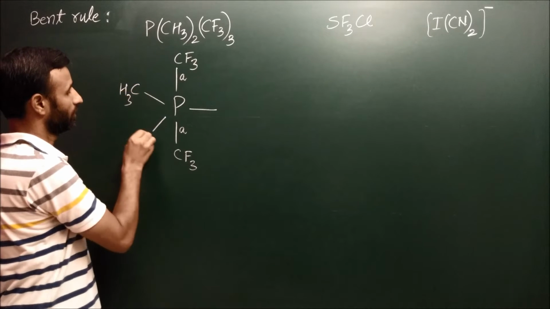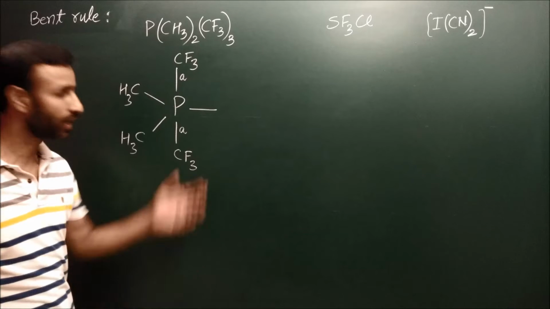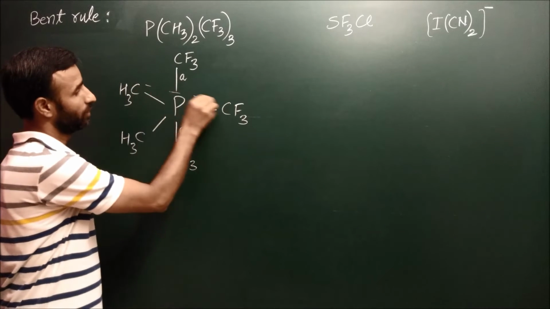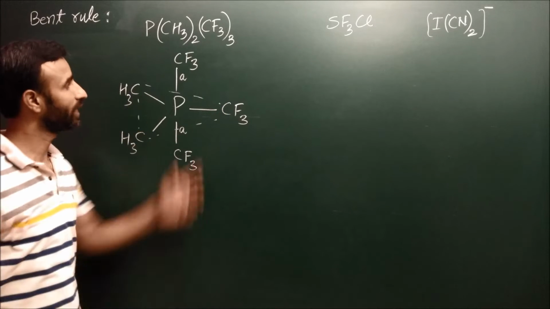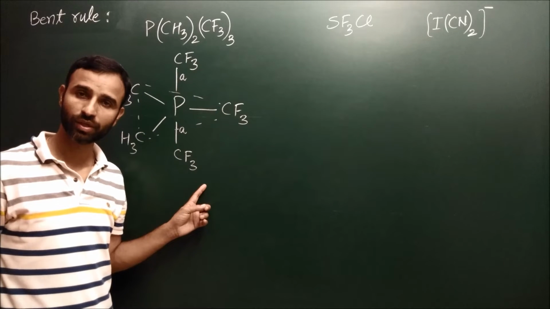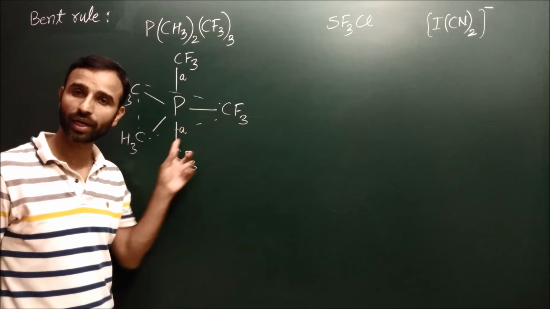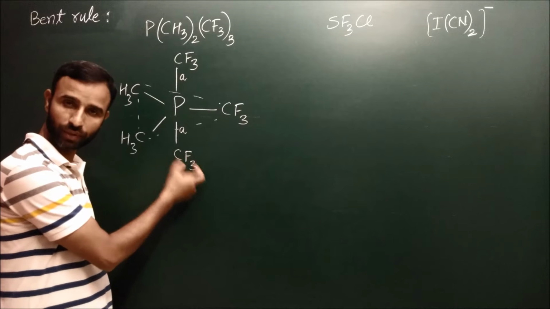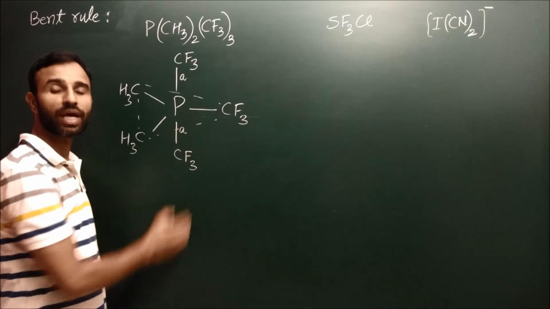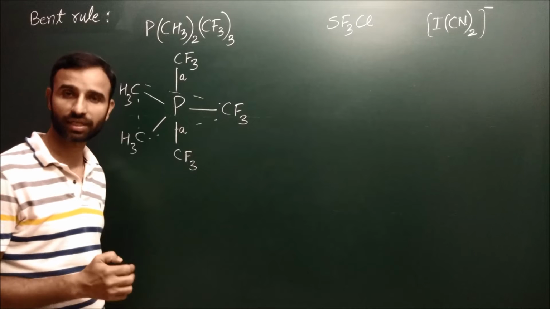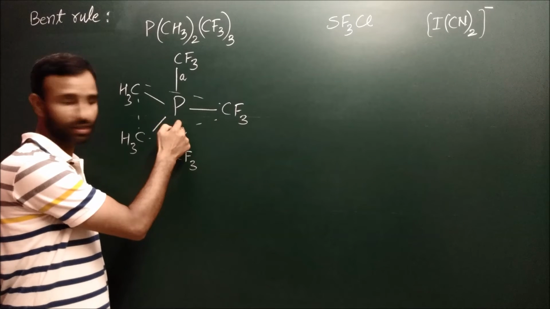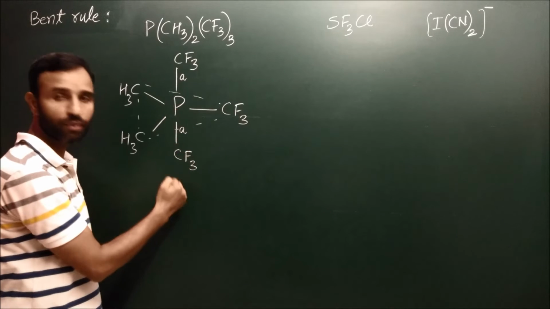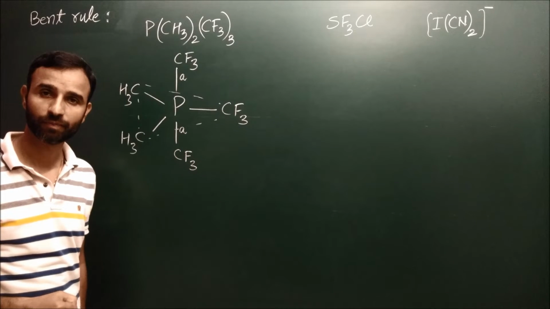CH3 groups and one of the CF3 will occupy equatorial positions. So why are CF3 at axial positions? Because they are more electronegative substituents, and more electronegative substituents prefer the position which has less s-character, because if s-character is less, electrons can be easily moved away from the central atom.